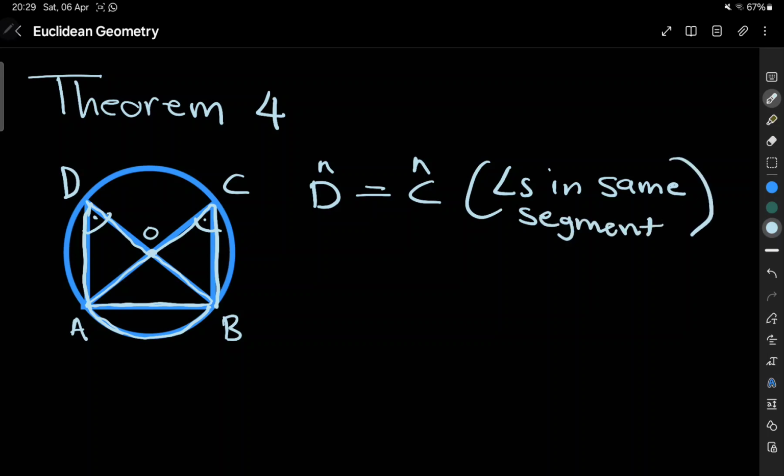That's normally the reason that we give in these types of situations. If we have two angles that are subtended by the same arc to the circumference, then we can assume that those two angles will be equal. So that is theorem number 4.